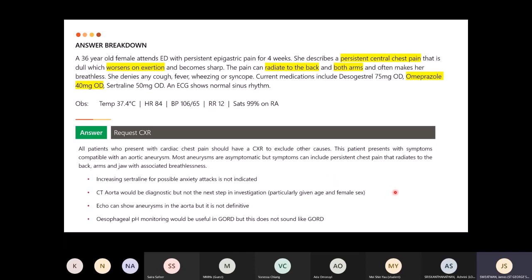CT aorta is diagnostic, but not the next step in the investigation, particularly given the age and female sex in terms of radiation exposure. Echo, they can show aneurysms in the aorta, but they're very difficult to see and very operator dependent, so they're not definitive. And the esophageal pH monitoring is for GORD.